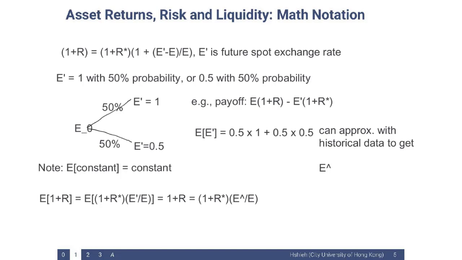I don't have to explain why it's reduced to that, right? The ones cancel out. This will give us 1 plus r because there's no randomness here, right? There's no randomness here. And all we are left with should be the following. Expectation of E prime, just do E hat, okay? E hat over E.